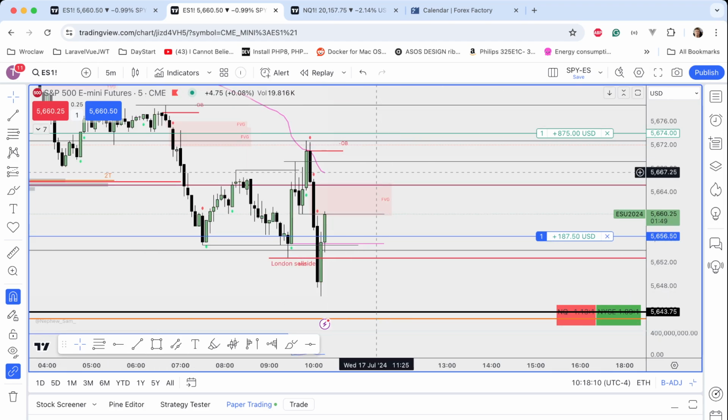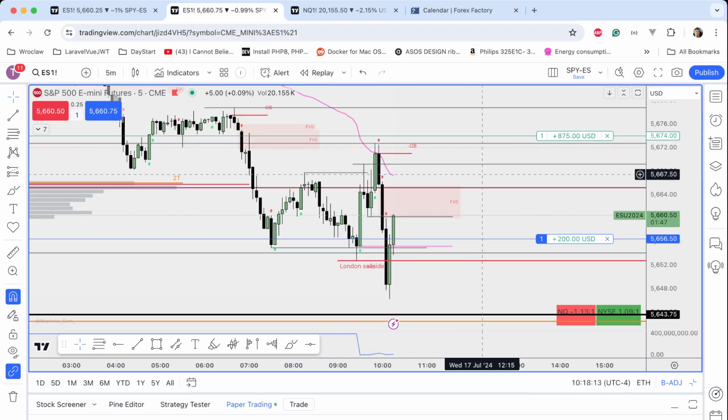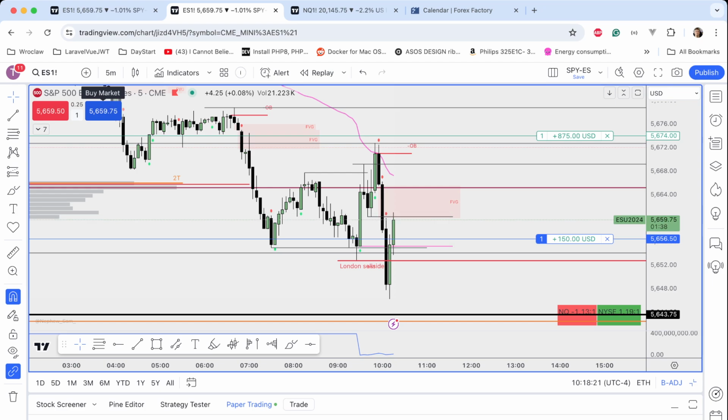And let's get another one. We'll see if we can catch it at the right price.